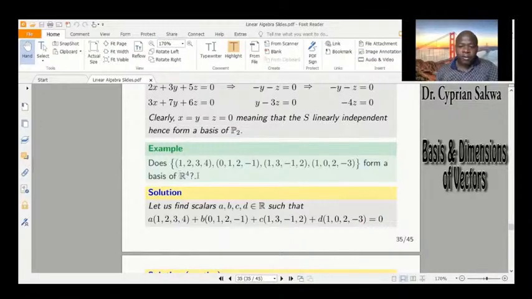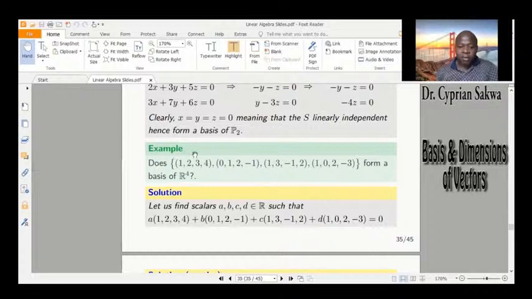Of course, in R4, since there are 4, we need to test. If there would be more than 4, we would not test because they would not form a basis. Or if they were less than 4. But since there are 4, we need to test.